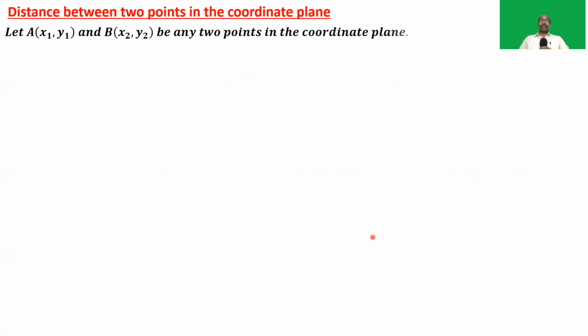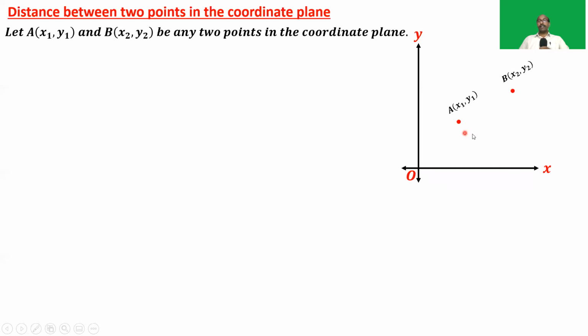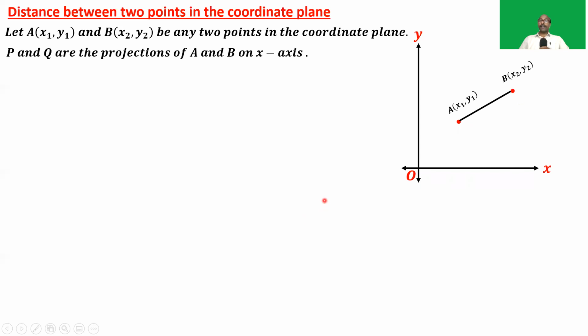Let A x1 comma y1 and B x2 comma y2 be any 2 points in the coordinate plane, like this. Here A x1 y1, this is B x2 y2. Join these 2 points and let P and Q be the projections of A and B on x-axis.